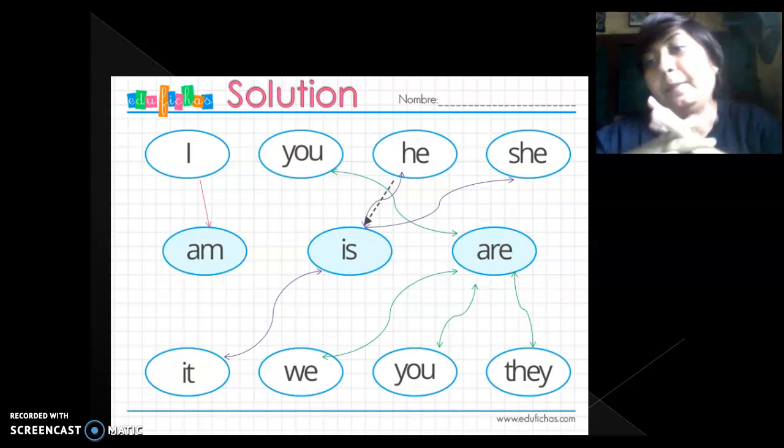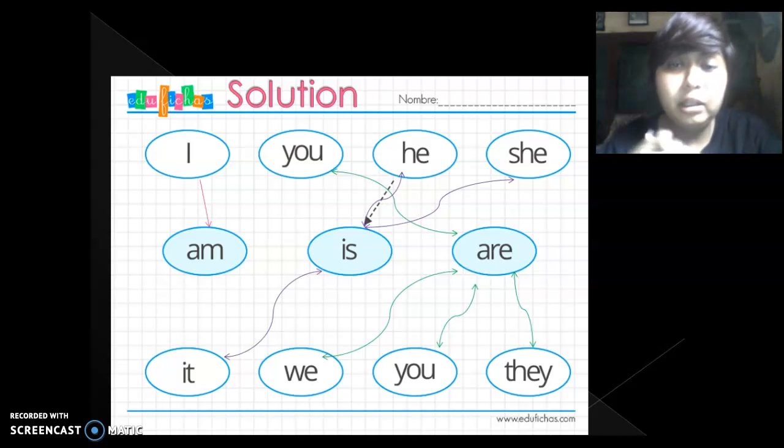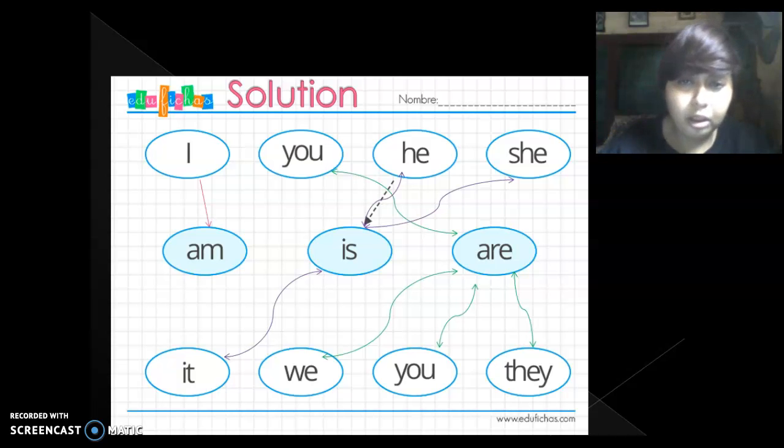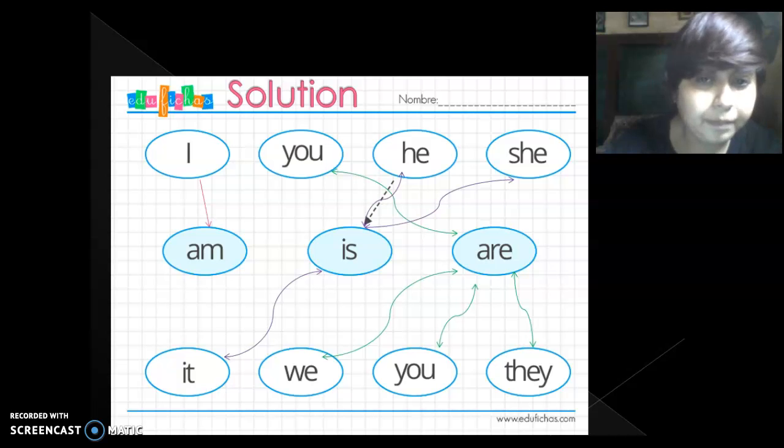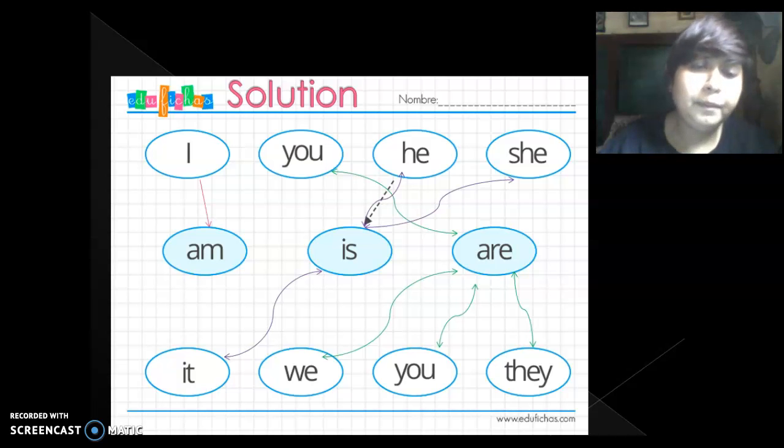Now, this is the solution. The purple arrow connects the verb is and the pronouns, the pink arrow connects the verb am, and the gray arrow connects the verb are.